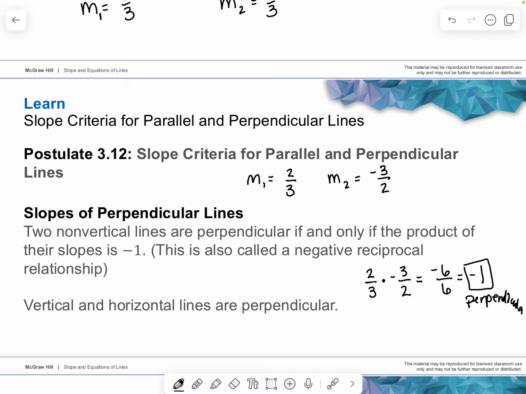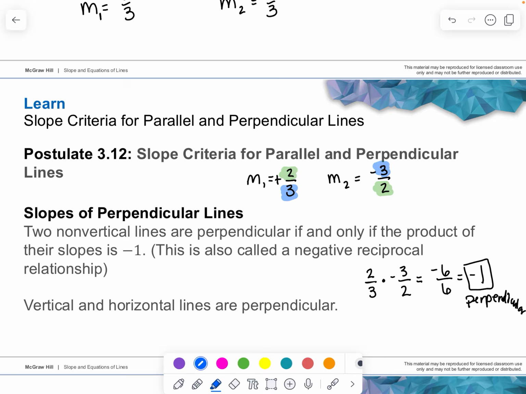Oh, I'm going to run out of space. Perpendicular. Okay. Now, what do we notice about these two? We notice that one is positive, one is negative. And look at their numbers. The 2 is on the top, then on the bottom; 3 on the bottom, then on the top.